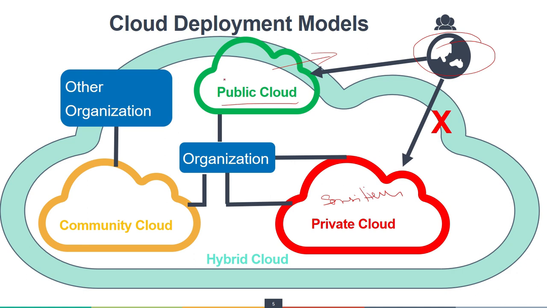The public cloud is for very general services which are not very mission critical, but the private cloud is for the mission critical services which are supposed to be deployed within the private network and should not be accessible to everybody. Therefore, private clouds are not multi-tenant environments.